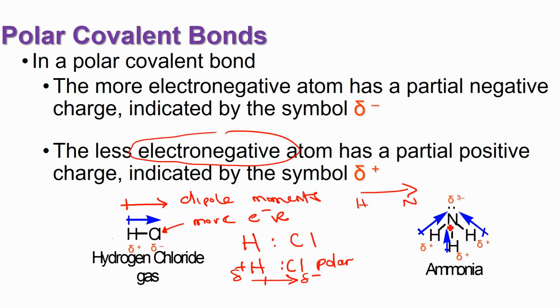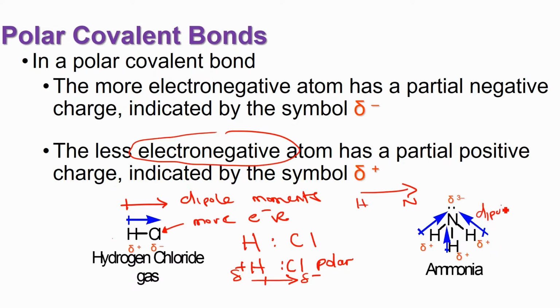Alright, now same thing here. The electrons want to spend more time towards nitrogen than the hydrogen, so hydrogen will be partially positive, the nitrogen will be partially negative because of a higher electron cloud close to nitrogen than the hydrogen.